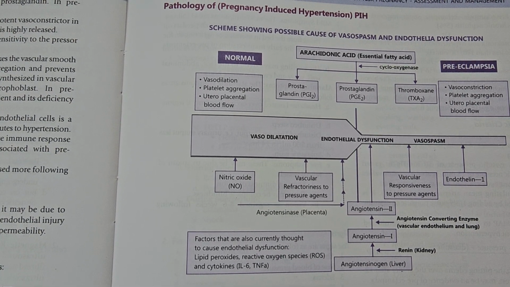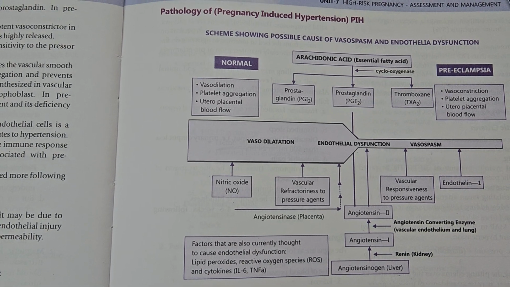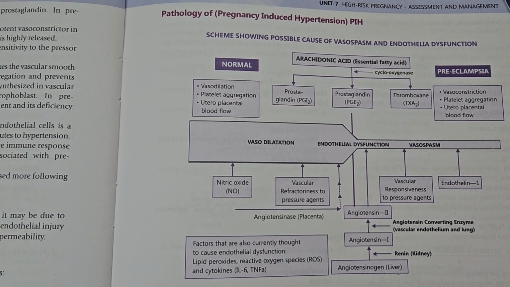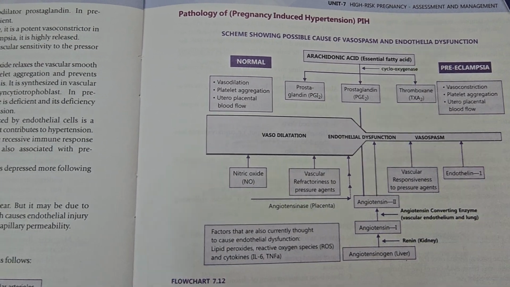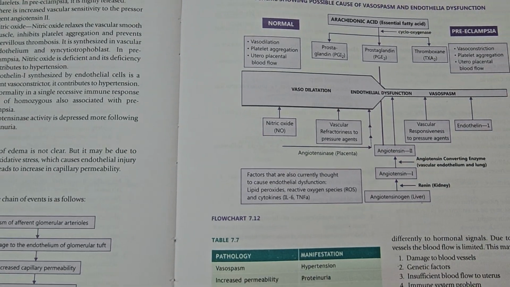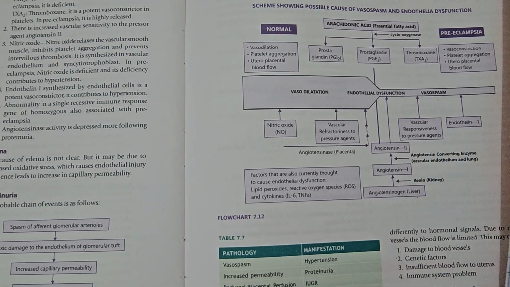Free radicals move into the kidney, protein and fatty acids increase, effect on the glomerulus, and more protein can be seen in urine. Okay, so that happens in preeclampsia.